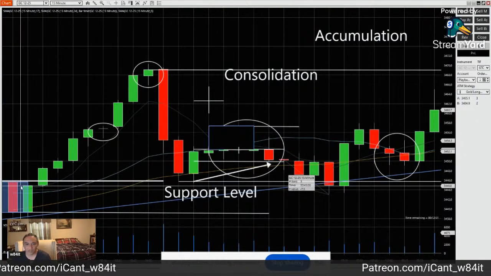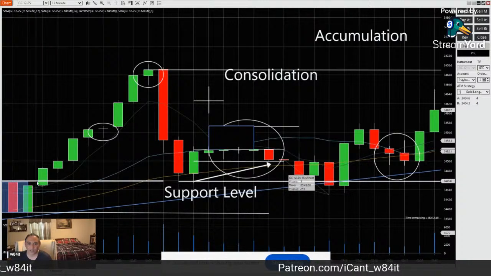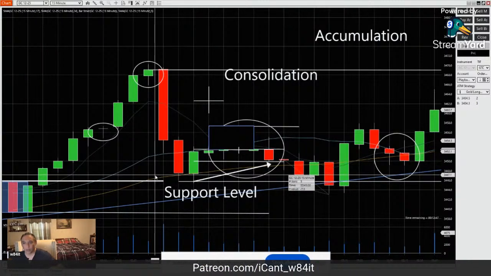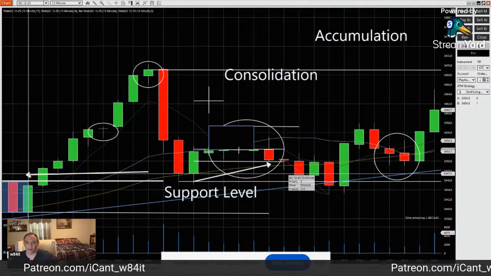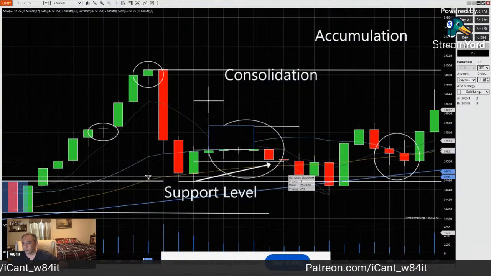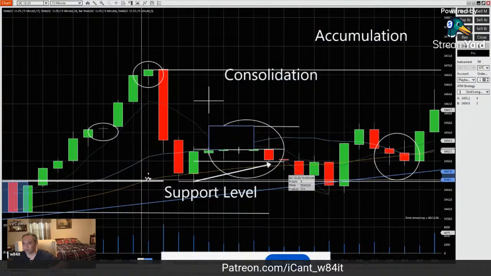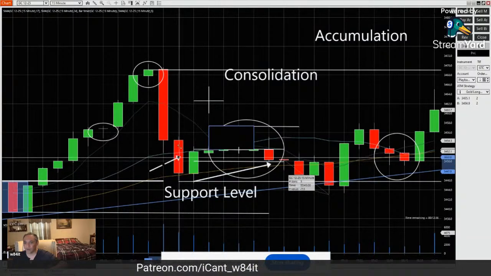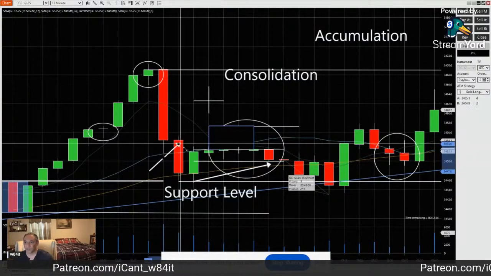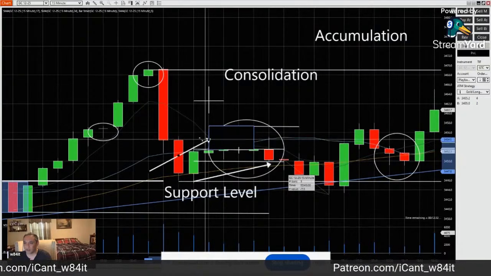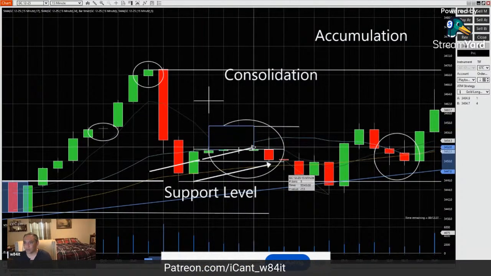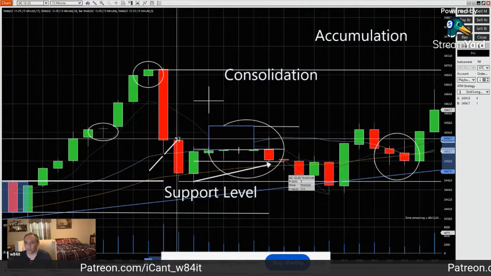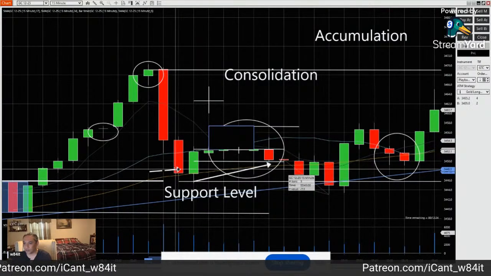I drew that because it was the high of the consolidation to the left over here, and it's the low of this move right here, where it bounced. And we have wicks that go into this area right here, so it's attempting to break out of this area and go up. It can't. We know that.